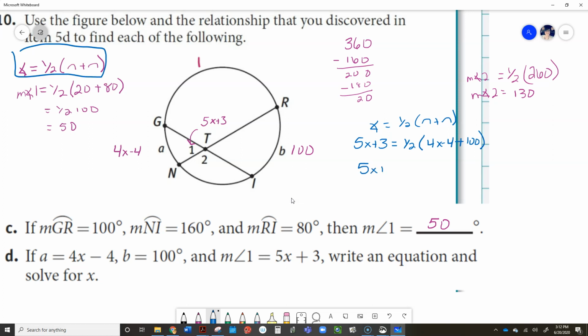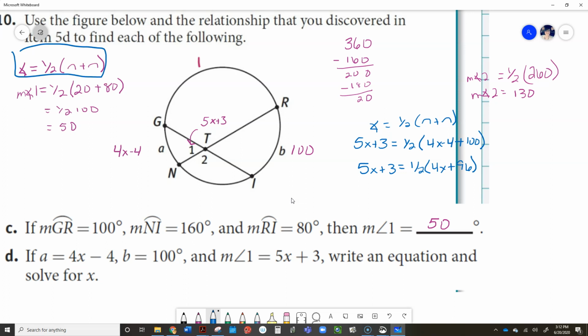Okay, let's clean some stuff up. 5x plus 3, that's simplified. 4x minus 4 plus 100. I can do negative 4 plus 100. I believe that's 96.